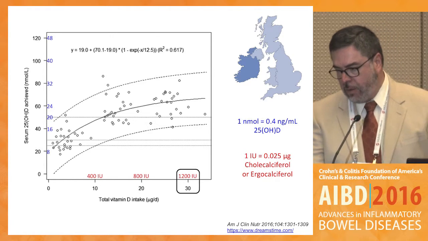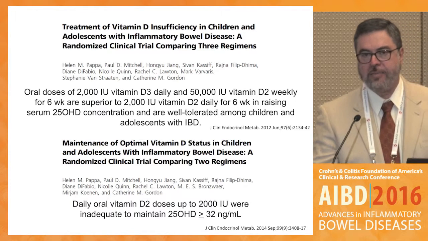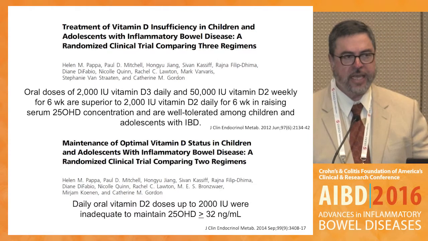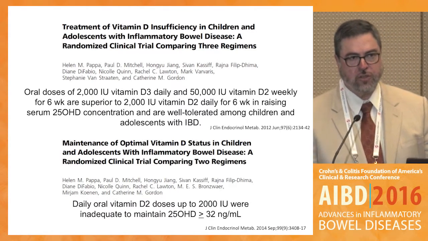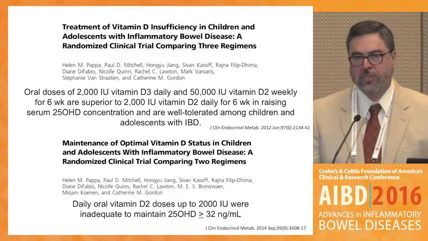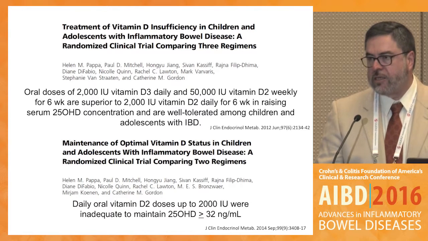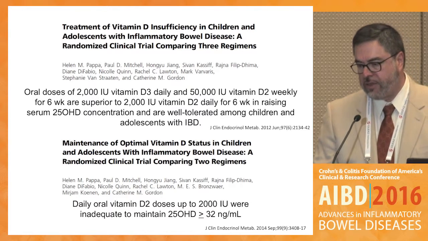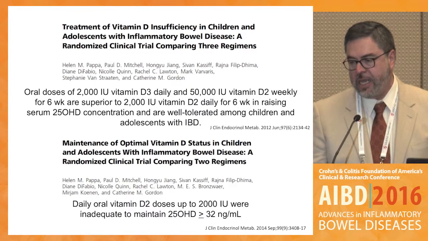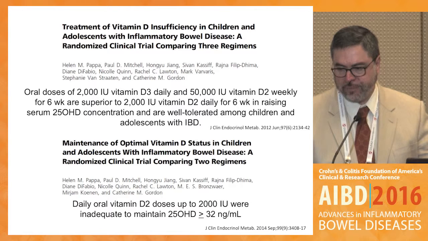Now, the good news is that in pediatric IBD, we have data to guide us as to how to do this properly. The data come from Helen Papa and colleagues while she was at Children's in Boston. This is a clinical trial where she compared different doses of vitamin D in the treatment of vitamin D deficiency in patients with IBD.